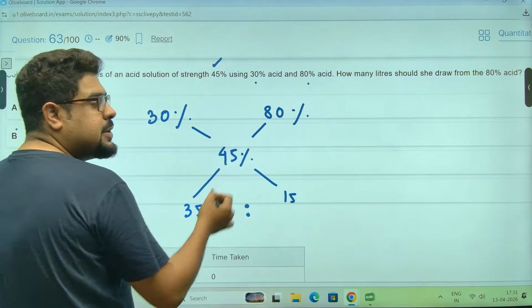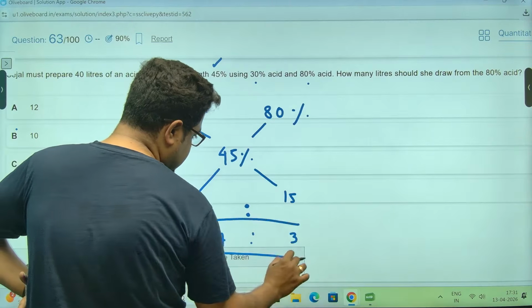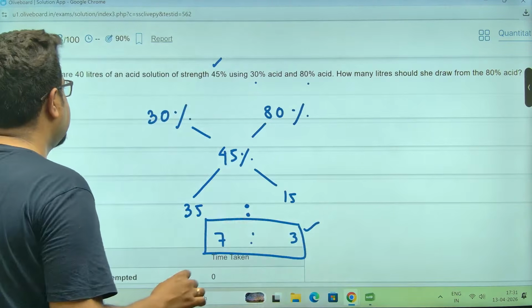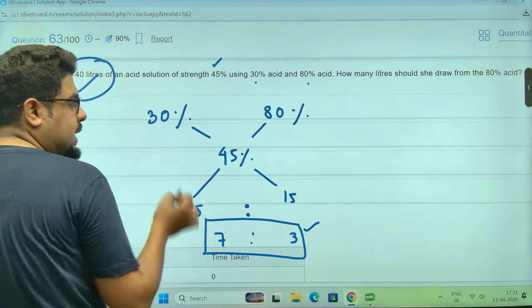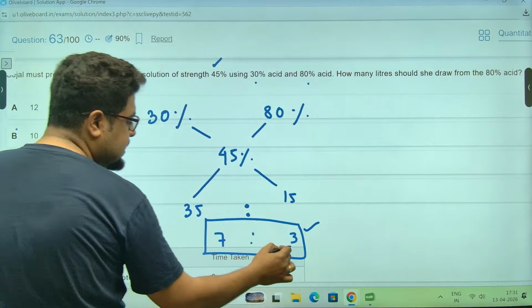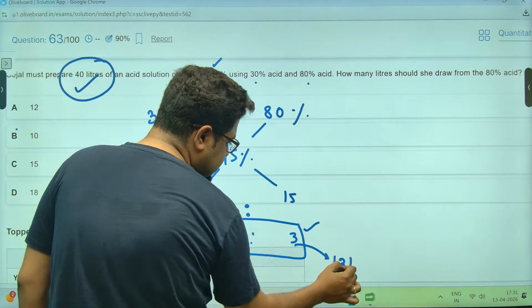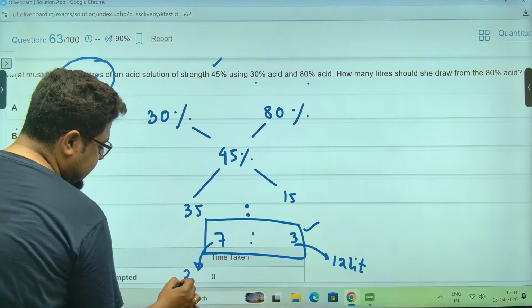So ratio must be how much, sir? 5 threes, 5 sevens. 7:3. So total is 10 parts. Total is 40 liters, meaning, sir, 10 parts. So every part is 4 liters. So 3 fours are 12 liters, and 7 fours are 28 liters.